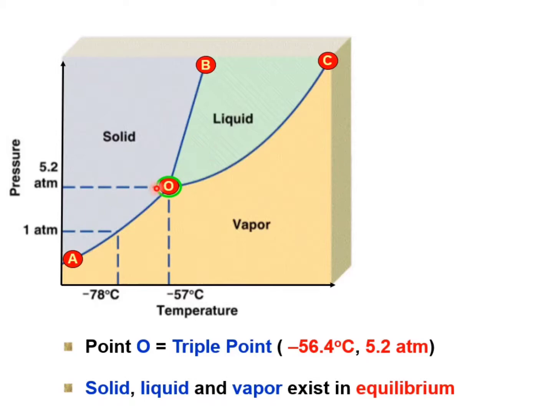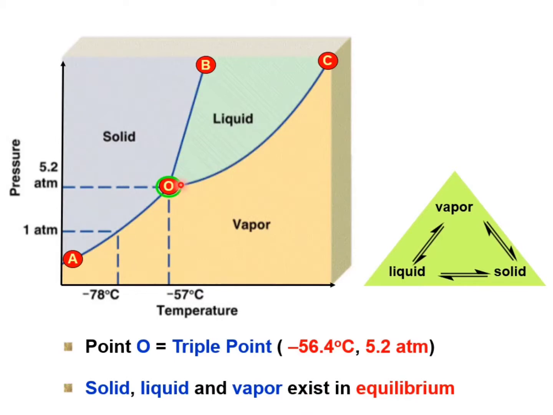So, we note that at this point, the phases of solid, liquid and vapor or gas exist in equilibrium. It means that at this point, we have three phases here. Okay, so yang ini juga saya pernah explain before this.